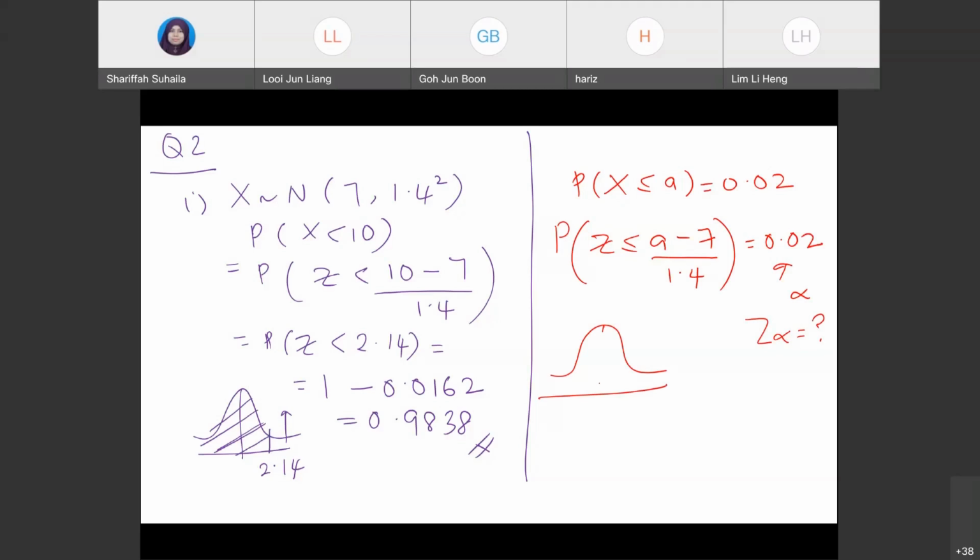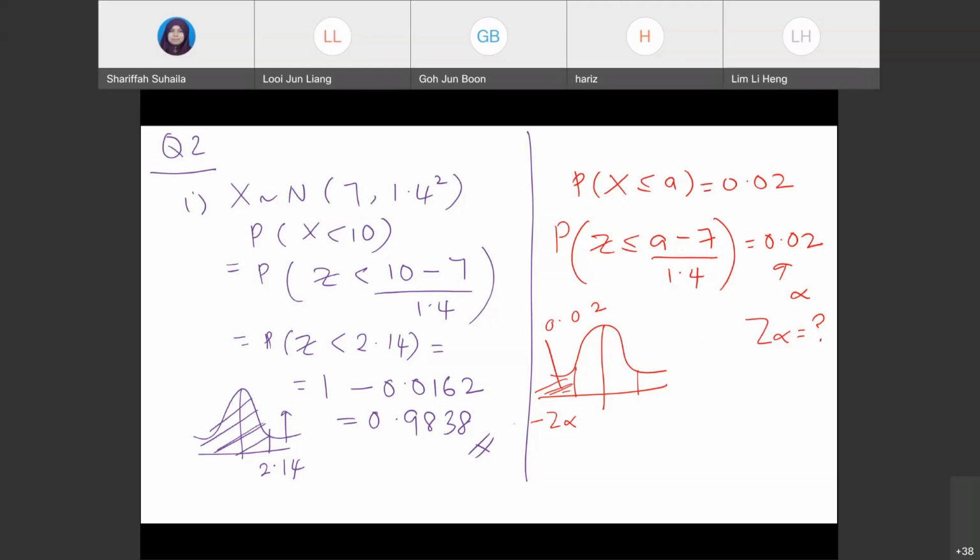Given that your probability is 0.02, if we put Z alpha here, 0.02 is not quite logical. So that means your Z alpha should be on the negative side, and this is the probability of 0.02, because it is less than 0.5.